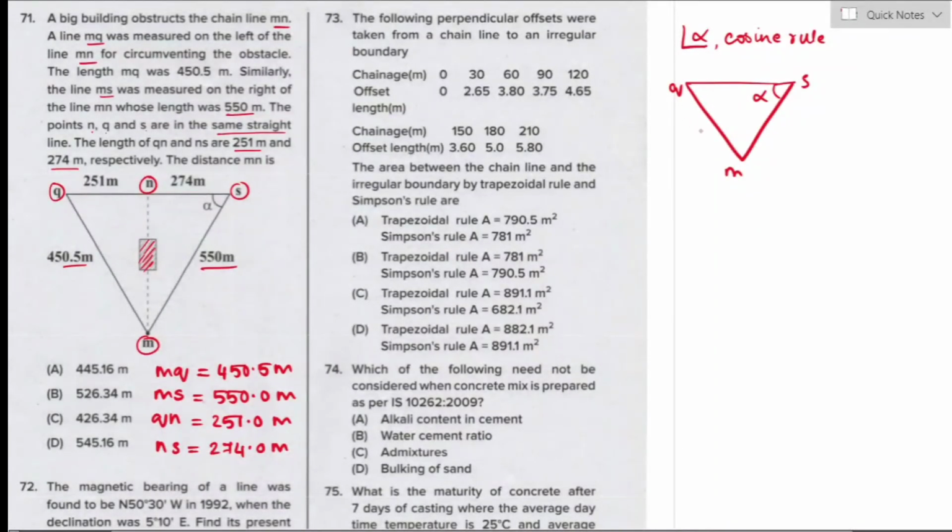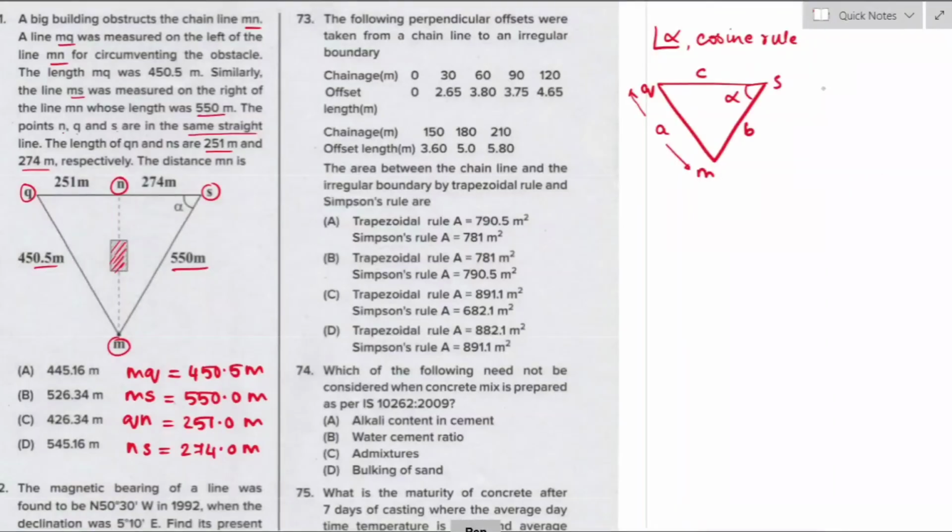Let us assume MQ segment as A, MS segment as B and QS segment as C. So to find a particular angle, that is alpha, the distance A should be on the opposite side of the angle, where A is equal to 450.5 meter, B is equal to 550 meter, C is equal to total length of the segment QN plus NS. So 251 plus 274 meter is 525 meter.